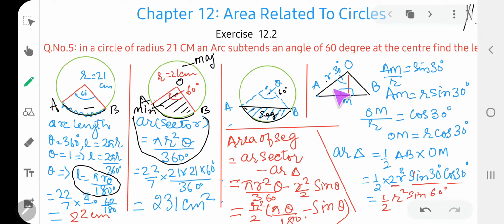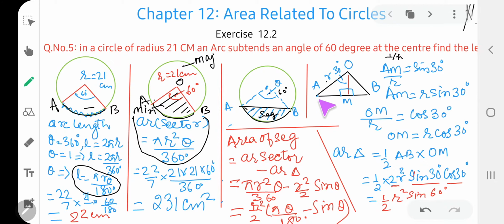So AM upon hypotenuse, perpendicular upon hypotenuse, is sine theta. AM upon the radius is equal to sine theta. Therefore AM is equal to R sine theta.